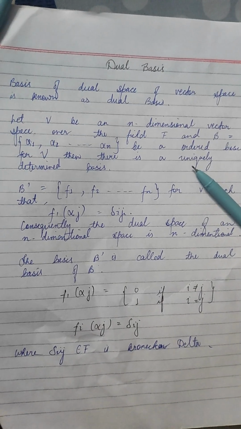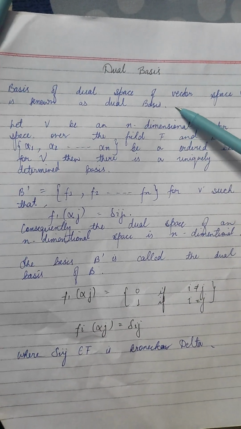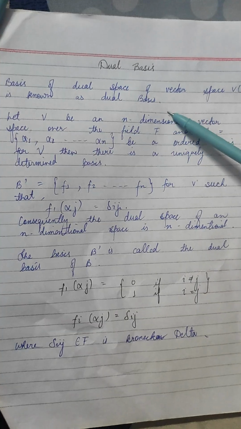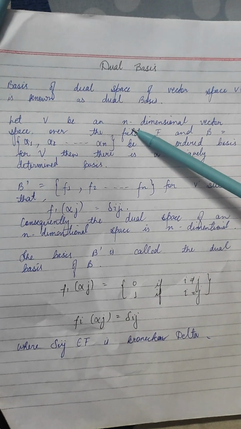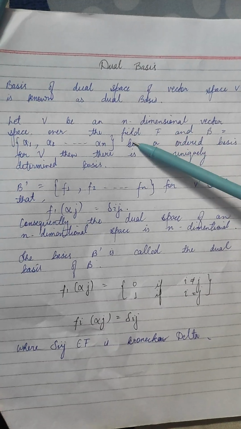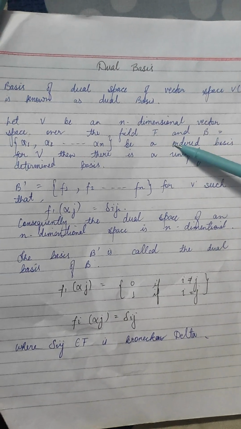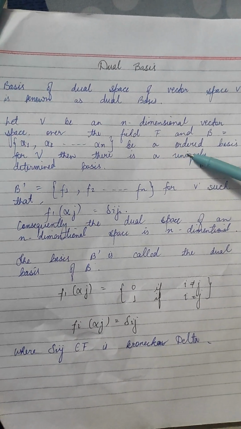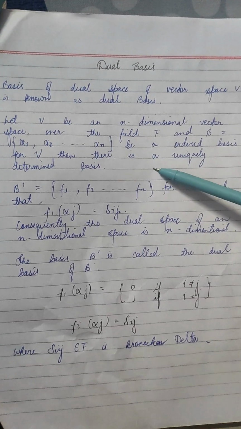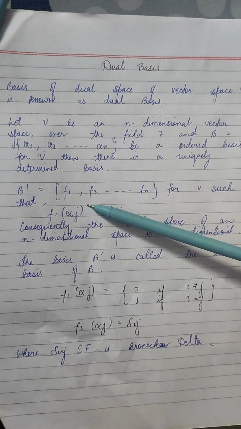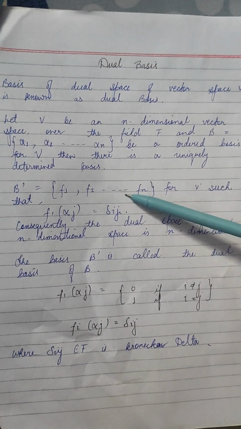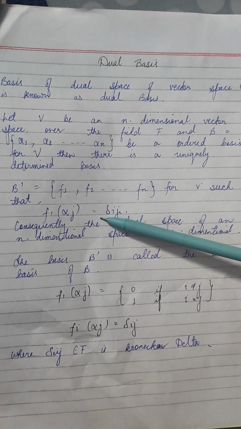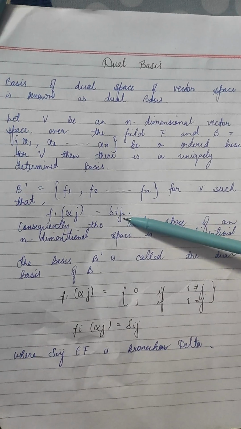Now we will study about dual basis. Basis of dual space of vector space V(F) is known as dual basis. Or we can say, let V be an n-dimensional vector space over the field F and B is equal to {alpha 1, alpha 2, ..., alpha n} be an ordered basis for V, then there is a uniquely determined basis B dash is equal to {f1, f2, ..., fn} for V dash such that fi(alpha j) is equal to delta ij.